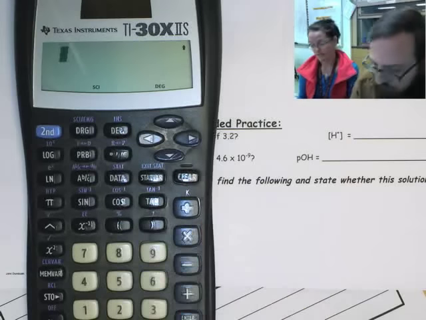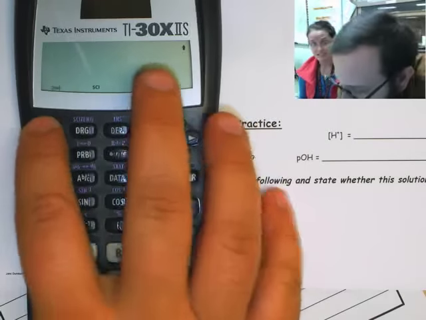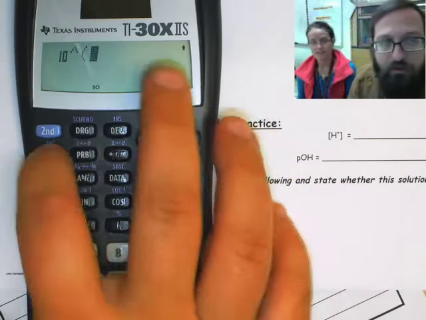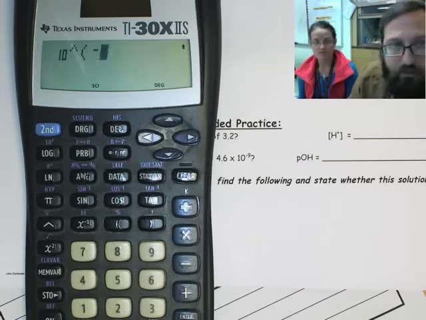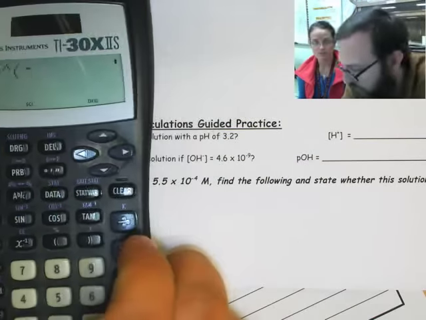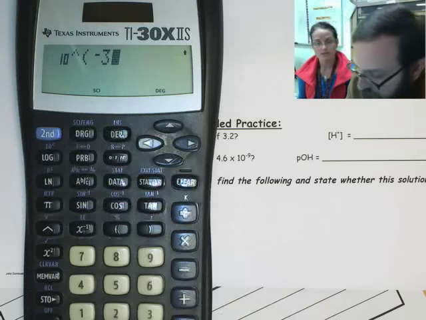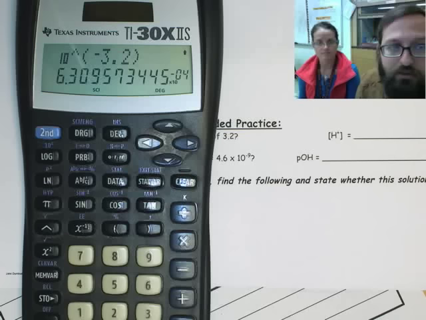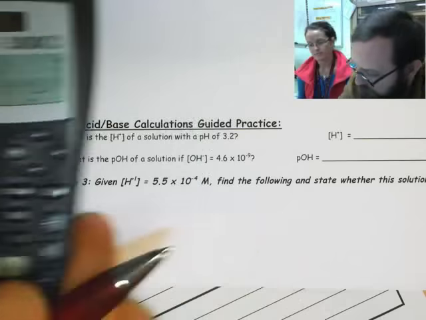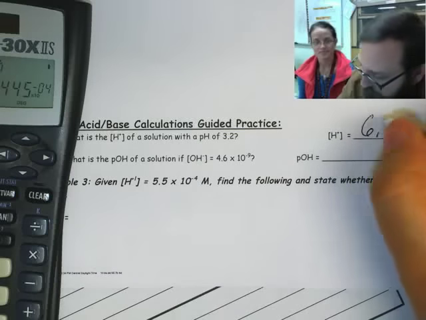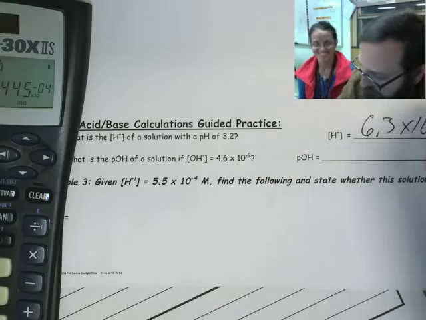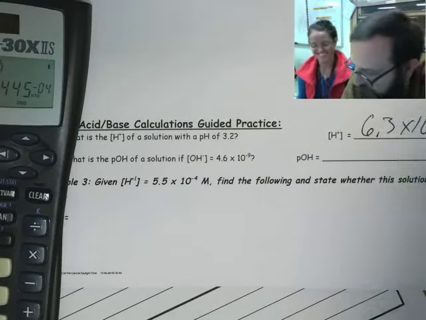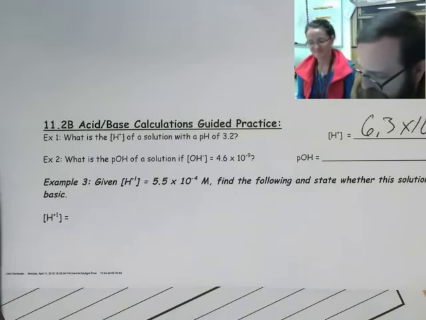So we're going to do second log, and then negative. Negative's important, and 3.2. And we get 6.3 times 10 to the negative 4. Man, that sounds really familiar. Yeah, sure does.